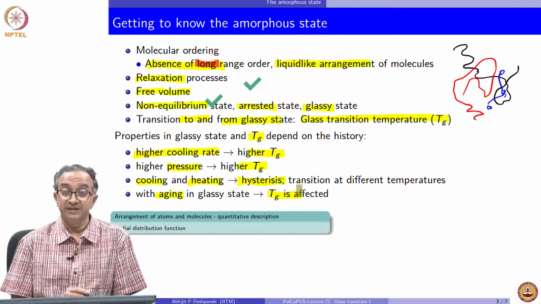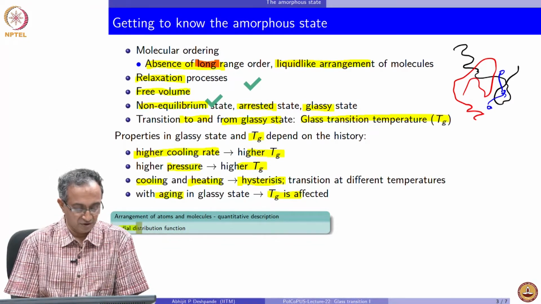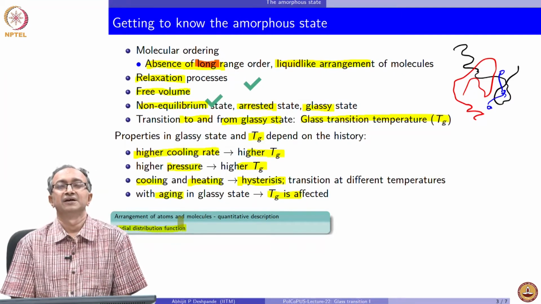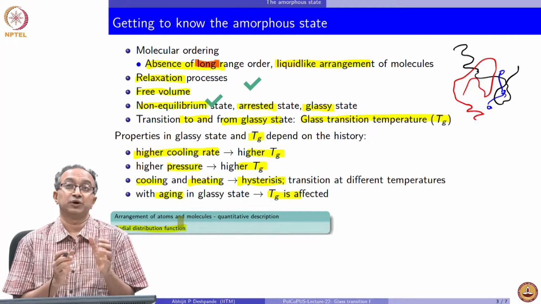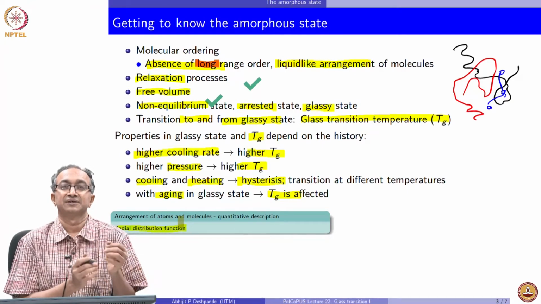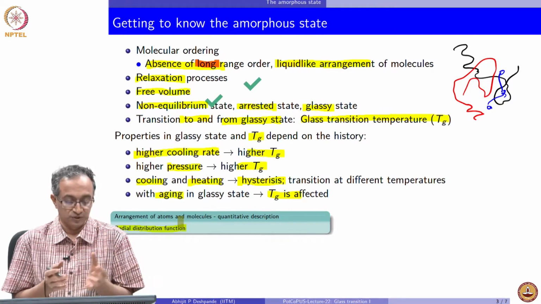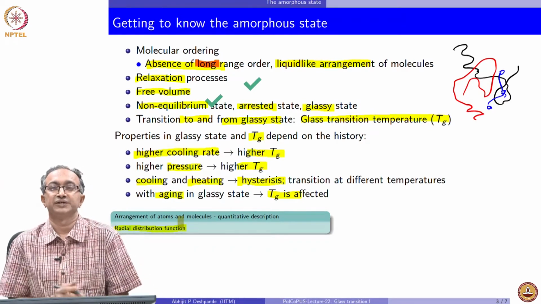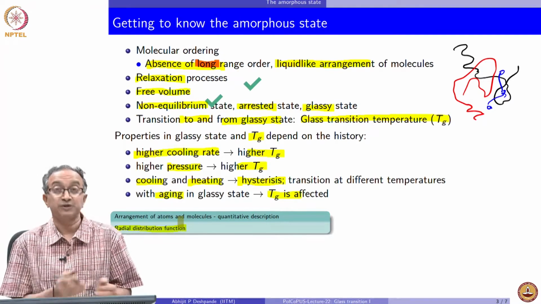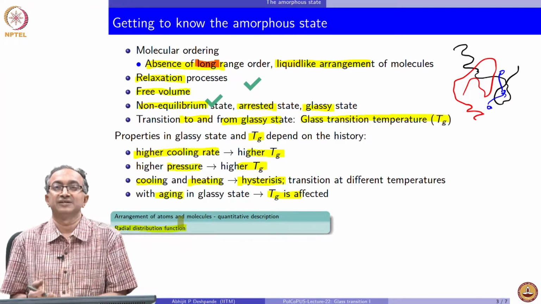So, one of the ways of quantification of the arrangement is called radial distribution function. This is something you can read about, and you can see that because of the experimental techniques such as scattering techniques which are present today, and also the modeling tools which are from molecular simulations to coarse grain simulations, this is a microscopic quantity which is accessible to us both experimentally as well as theoretically.